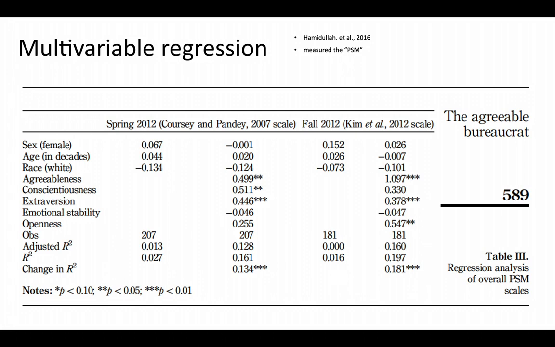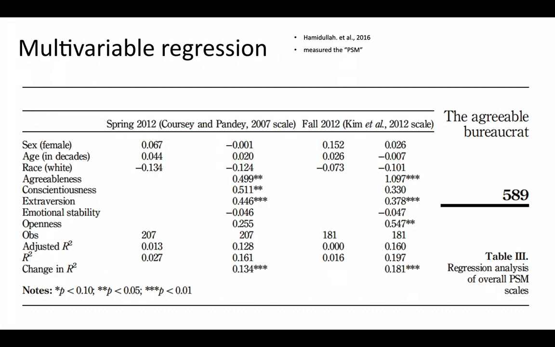So anyway, 1 unit change could mean different things. But generally speaking, we would say, okay, 1 unit change means you are more agreeable. All right, so then it will increase your public service motivation score.